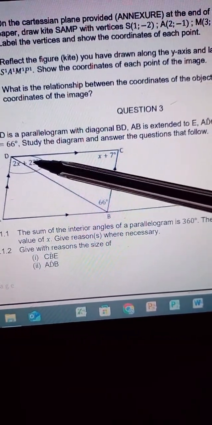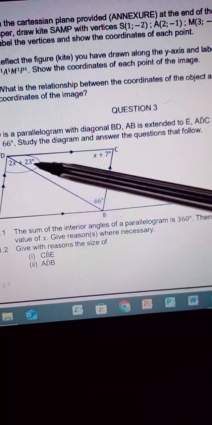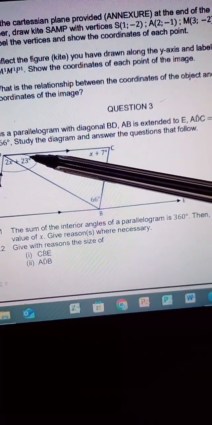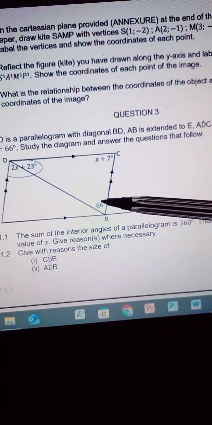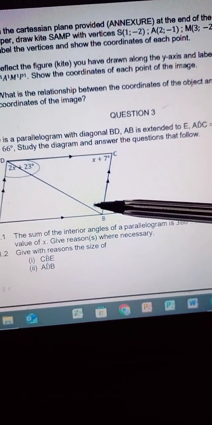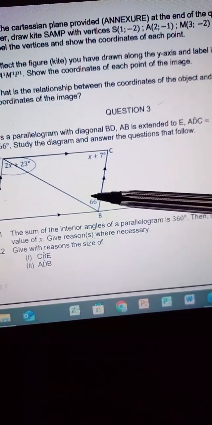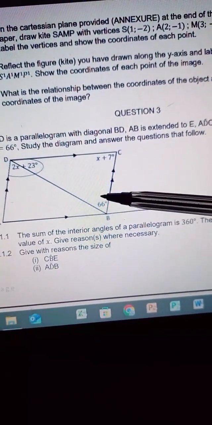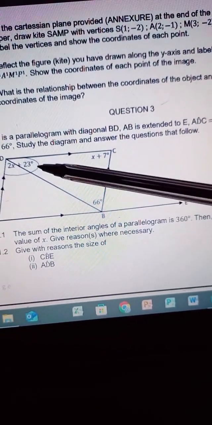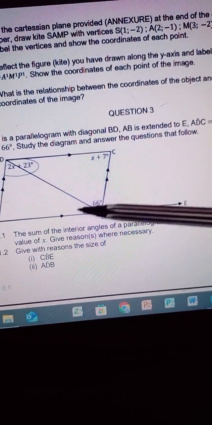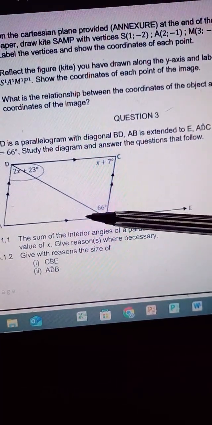This 2x plus 23 is both angles combined, right? But this angle, it's 66. It's not both angles. So both these two angles are equal to this, which means this side is also 2x plus 23. All right?